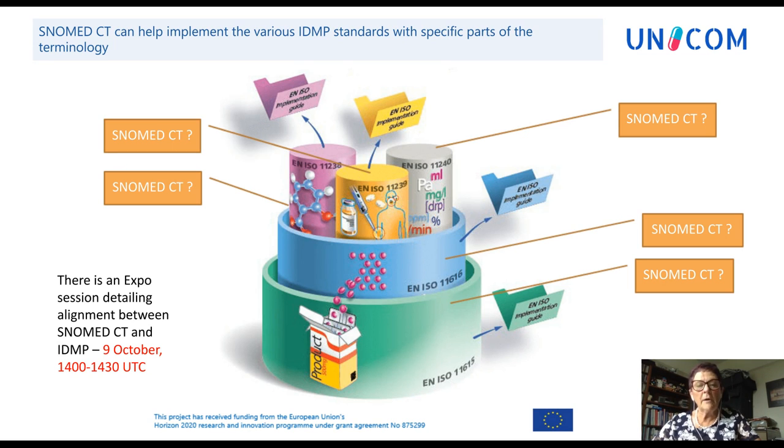And I would point you to an expo session, which is doing this in much more detail on the 9th of October between 1400 and 1430 UTC, and you will go and learn the detail. Also, we do have materials available if you want to reach out to us about this. But Robert's talked about substances, he's talked about dose forms, units of measure. Those are 3 key things which SNOMED International is making sure we can link to, so that the clinical end can link into the IDMP standardization and the use of IDMP.